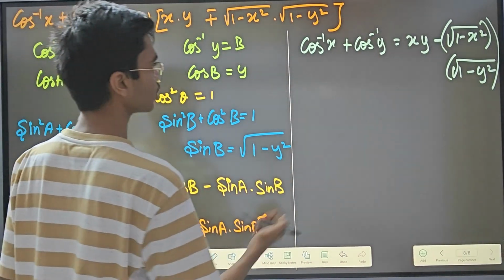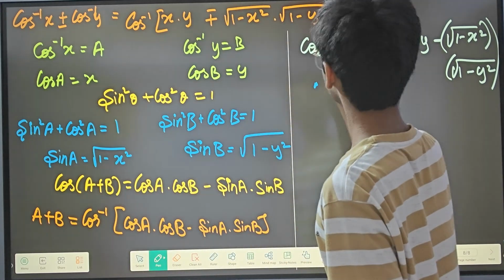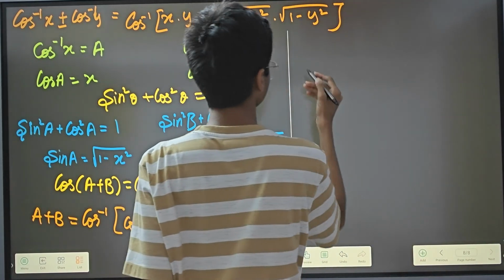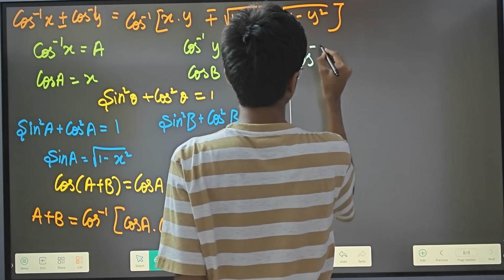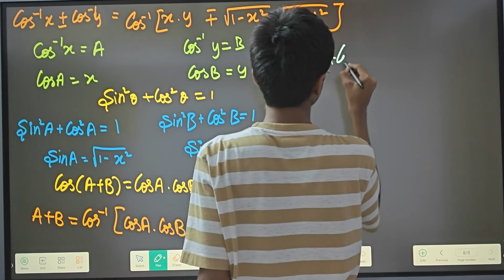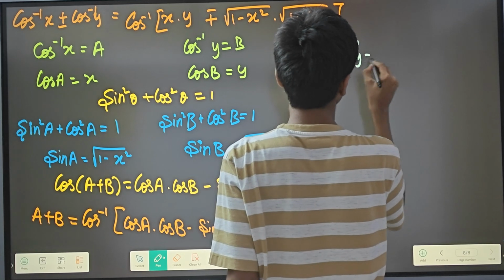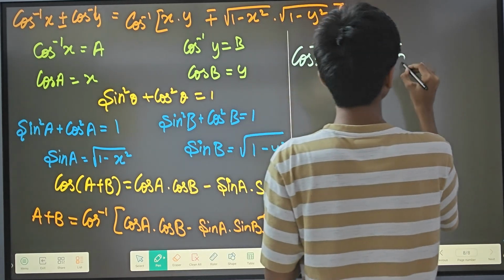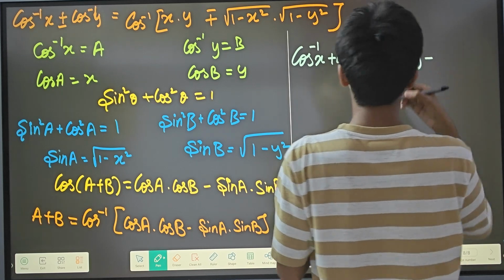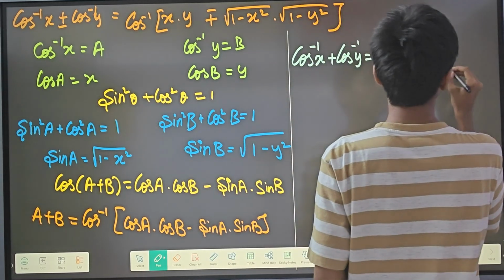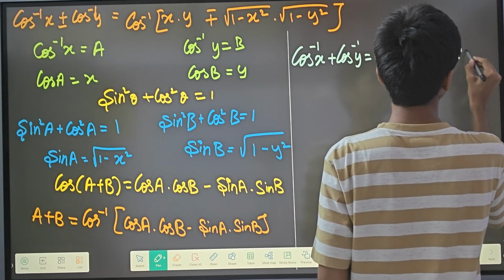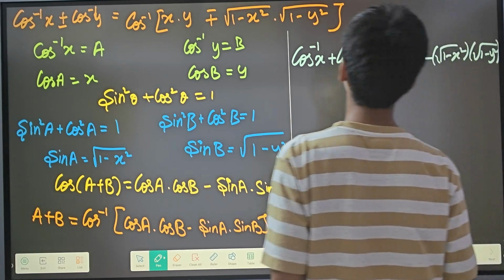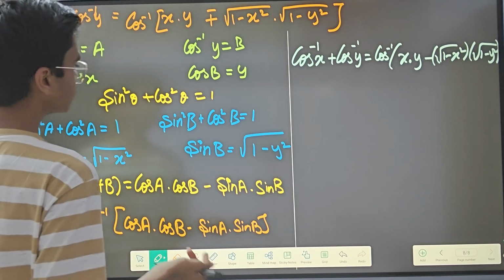I'll write this formula very neatly in this color itself. Cos inverse x plus cos inverse y is equal to cos inverse of x into y minus root over 1 minus x square into root over 1 minus y square. So you have got this equation.